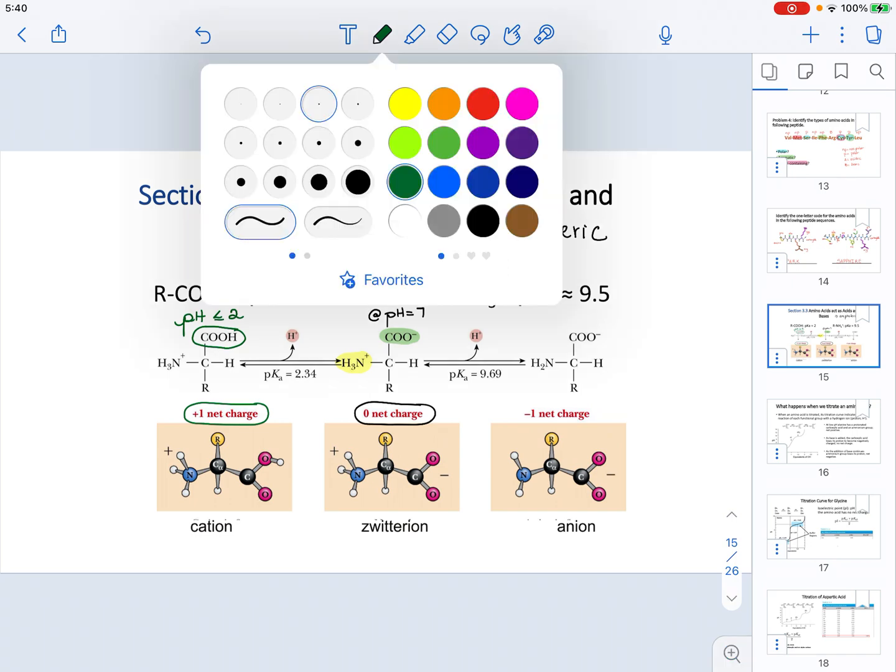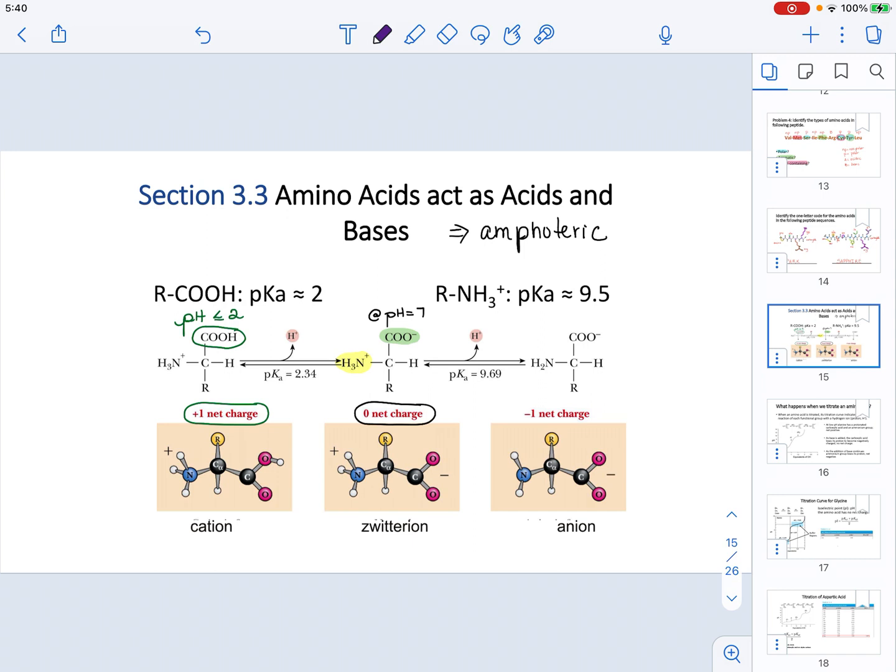So now, what if we go to the other extreme? Meaning that now we're going to be at pHs that are really high. Let's say that we are now talking about pHs that are going to be higher or equal to 10. Well, because now under those conditions, since we have a higher concentration of hydroxide, because remember, at higher pHs, we are going to have more hydroxide available.